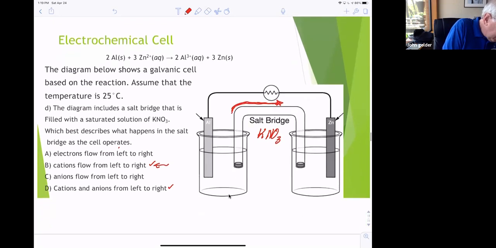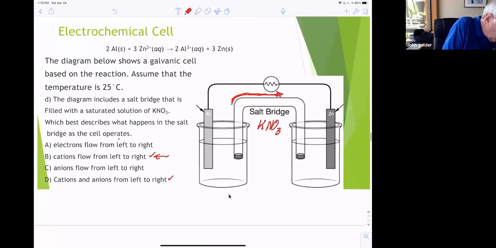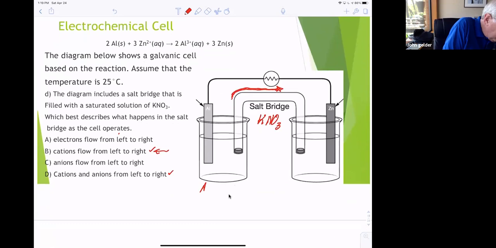We saw that at the anode, we have aluminum going to Al 3+ plus 3 electrons. And at the cathode, we have 2 electrons plus zinc ion going to zinc metal.